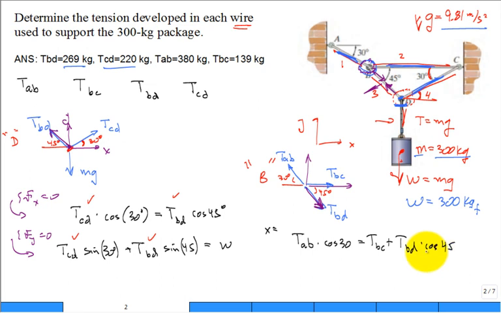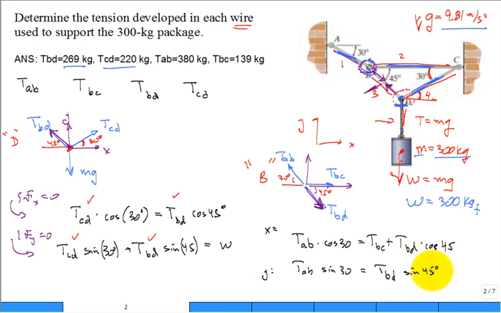Did I do that okay? And then how about the sum of the forces in the Y? Tension A to B times the sine of 30 equal to tension B to D times the sine of 45.